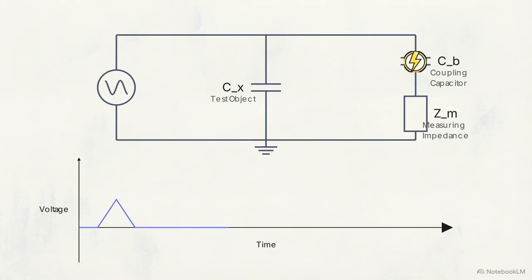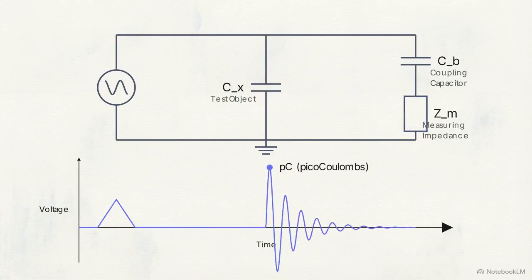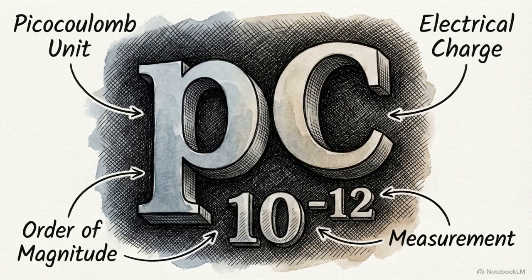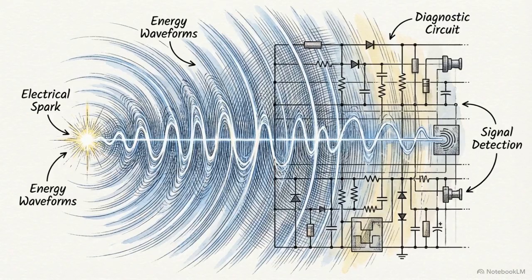The coupling capacitor, Cb, transfers a compensatory charge, creating a transient current that the measuring impedance, Zm, converts into readable voltage. This measured apparent charge is expressed in picocoulombs. 1 picocoulomb is 1/trillionth of a coulomb. We are not capturing the exact energy of the microscopic spark. Instead, we are measuring the precise electrical echo it forces through our diagnostic circuit.